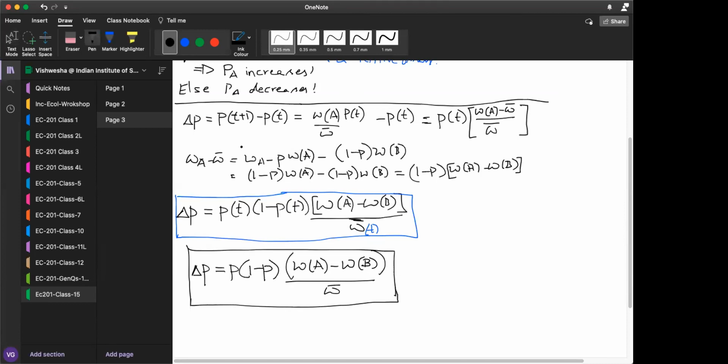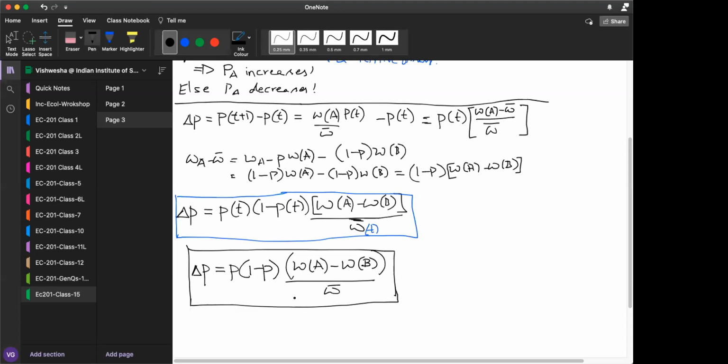And it's also very clear, the rate of change. If I think of it as the rate of change, because I can just divide by one time unit throughout, I get the rate of change on the left hand side. The rate of change of genotype frequency is given by P into 1 minus P times omega A minus omega B, which is the differential fitness. Is that right?